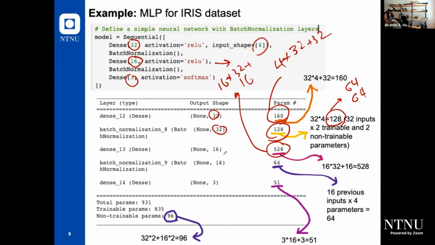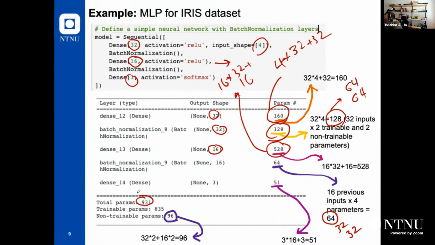The number of inputs to this layer will be 16, times 4. So the number of parameters here will be 16 times 4. Out of those 4, 2 trainable and 2 non-trainable. So in total it will be 64: 32 trainable, 32 non-trainable. So the total number of parameters here will be 933.